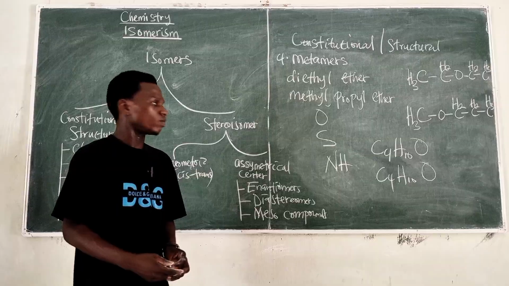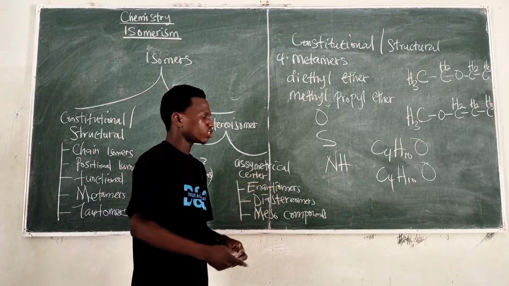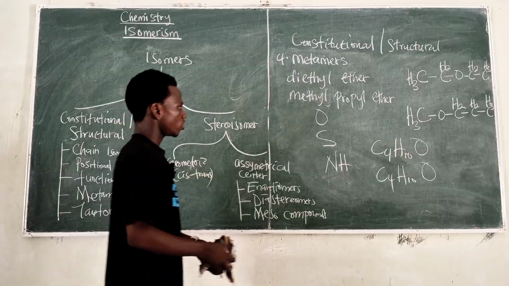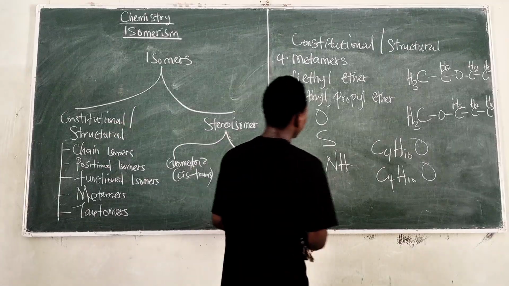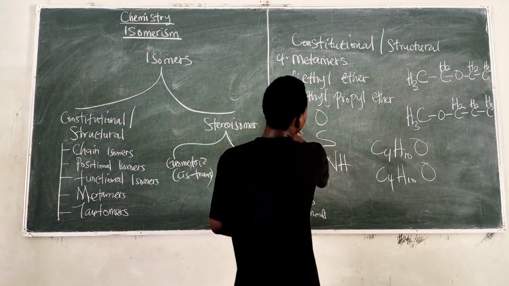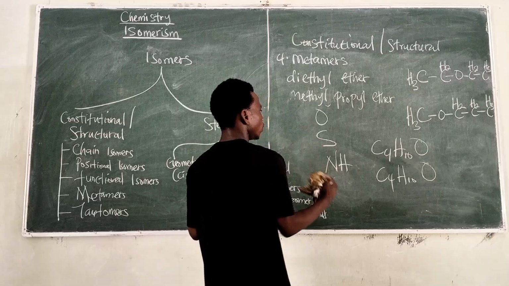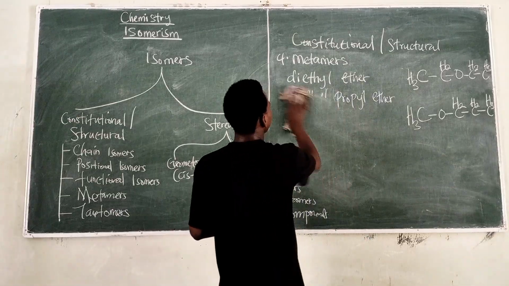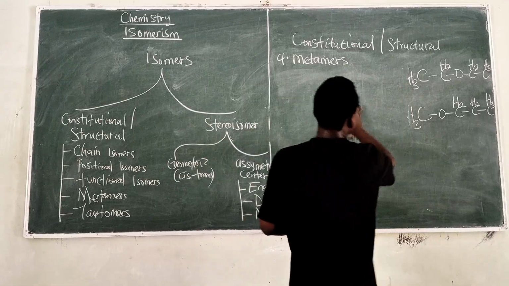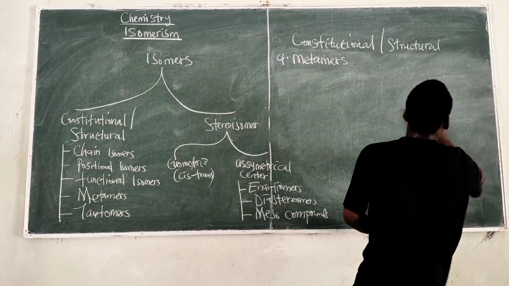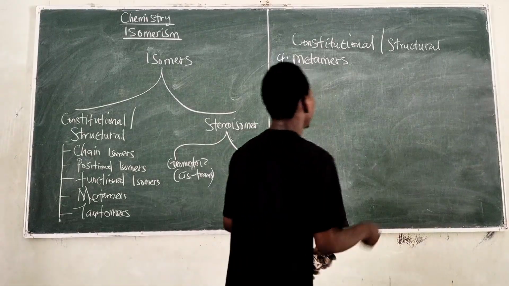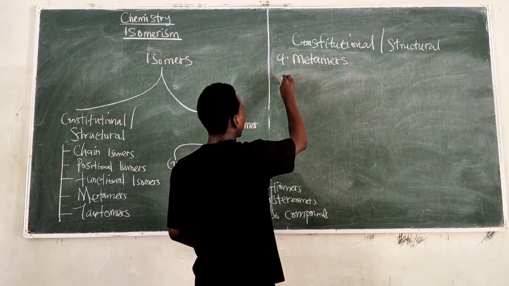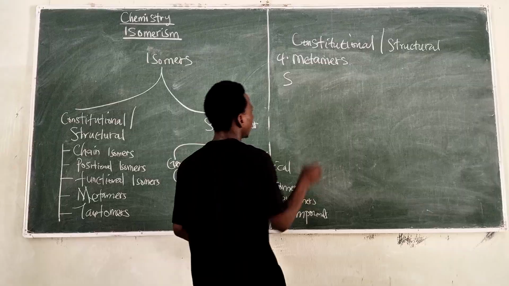It depends on the type of functional group that you're dealing with. Another example is found in the functional group of sulfide. So this was an example of the functional group of ethers. Let's look at another example from the family of sulfur.